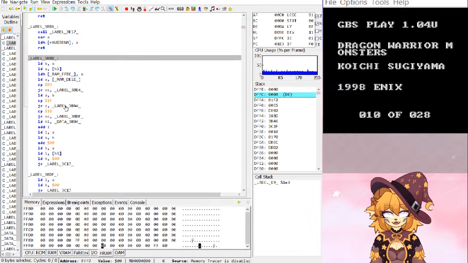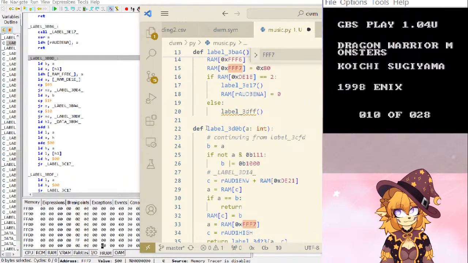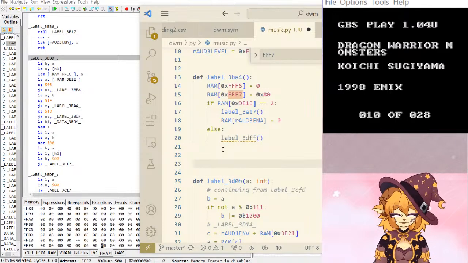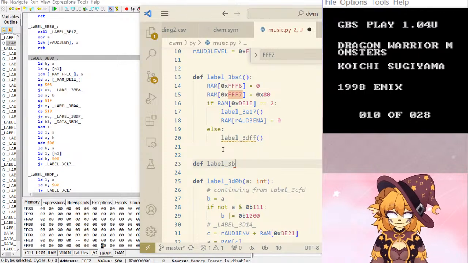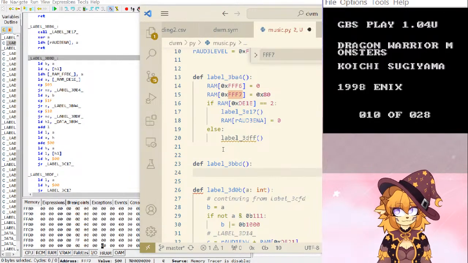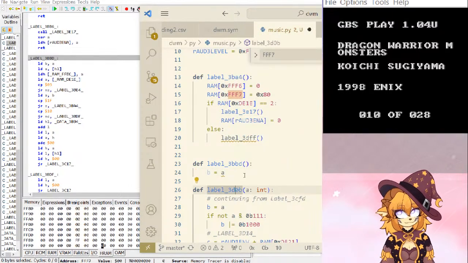Probably this 3BBD, yeah. You have not done this at all, okay. Def table 3BBD, going to be a long function. Long indeed.